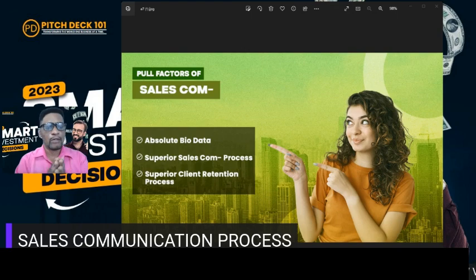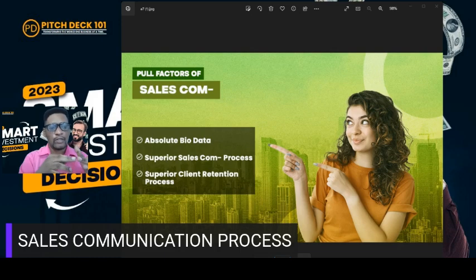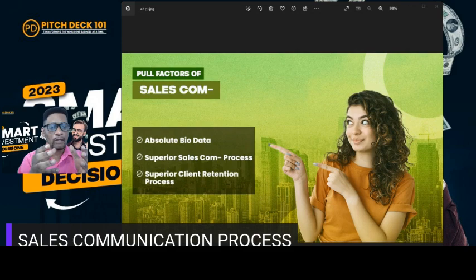You see, largely because you are using market research, and market research is enabling you to gather demographic data, psychographic data, and geographic data, you're now able to take this entire body of knowledge and really build out a superior sales communication process.